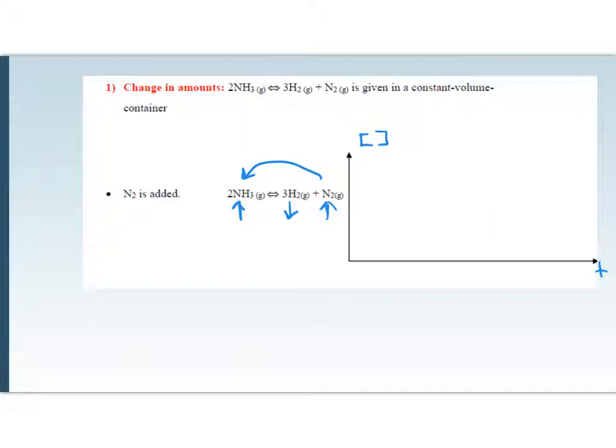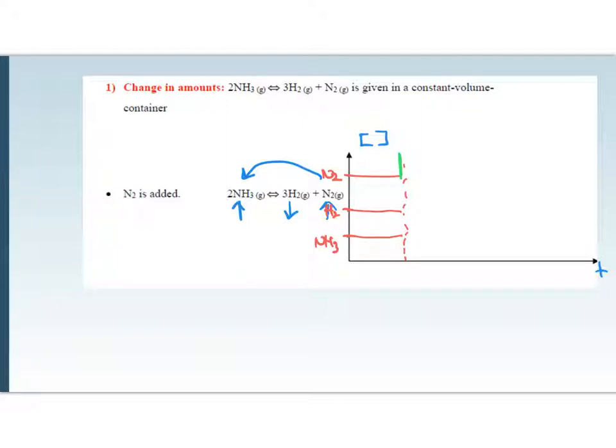Let's say that this is nitrogen here, this is hydrogen here, and this is ammonia here. First, you have to show that they are at equilibrium initially, so you're going to draw straight lines. Then you're going to show your effect on the reaction. You add some nitrogen here, so here is the added nitrogen. It's going to be like this. Then you're going to show the response.